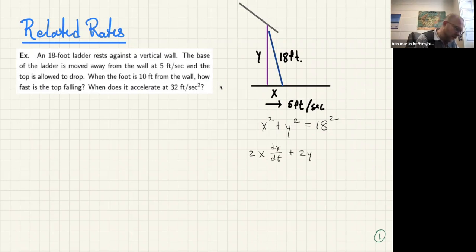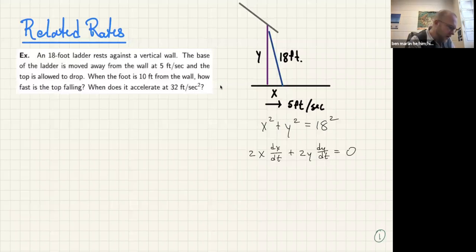Same thing happens with the y. Okay. And then that 18 squared on the other side is just a constant. I think 18 squared is like 324. Let me go check to make sure. Yeah, 324. But because it's a constant, when we differentiate, we end up with a 0. Okay.